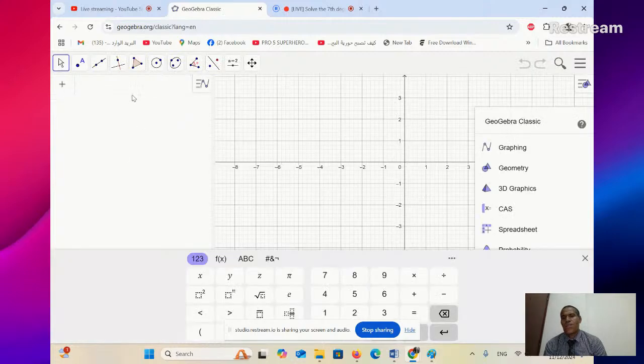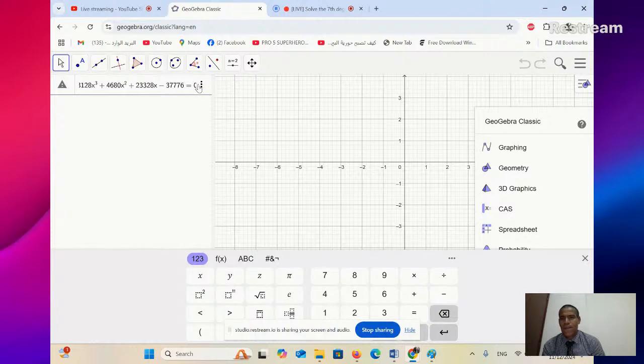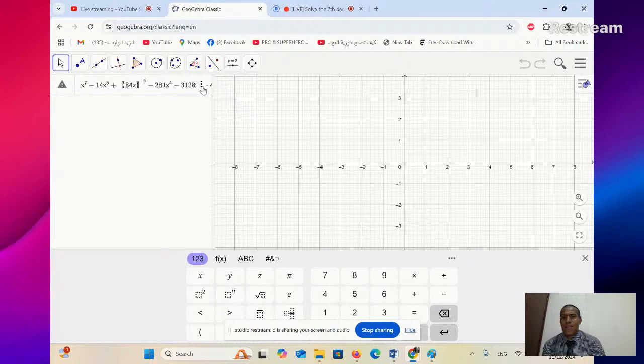This is the equation. Okay, we go. Oh, please check your input. I'm going to check my input. Okay, he cannot even make the draw or the graph of this function, or sketch it.